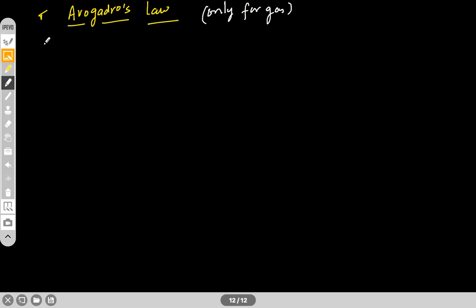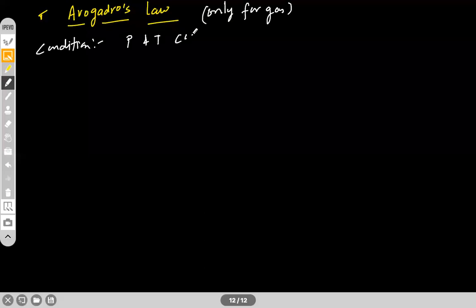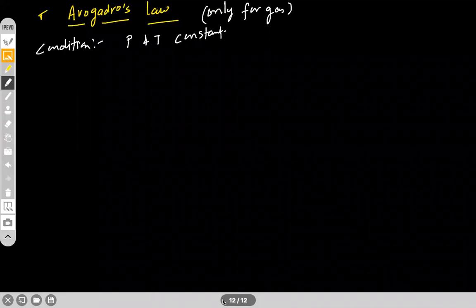The condition is that pressure and temperature are constant. We should have constant pressure and temperature.